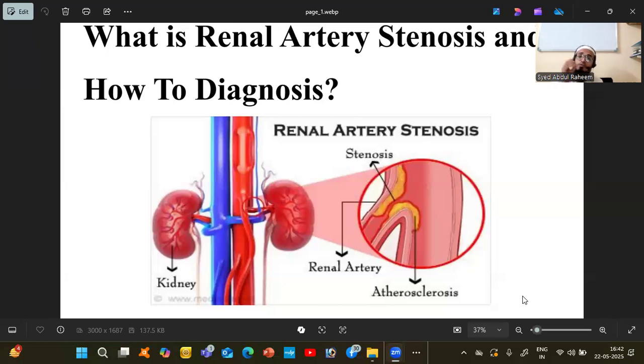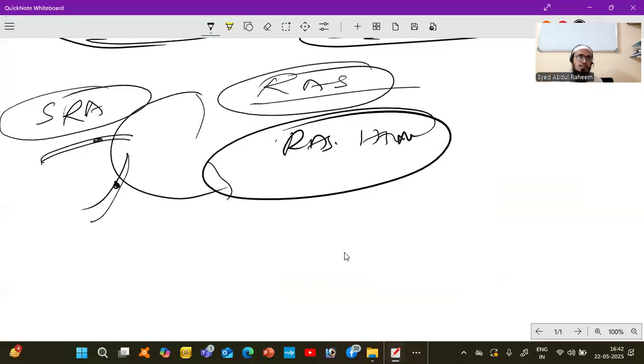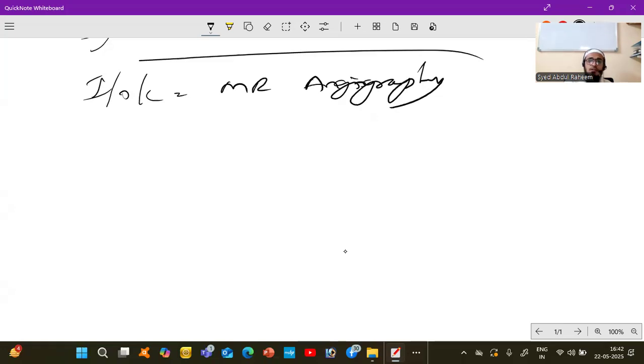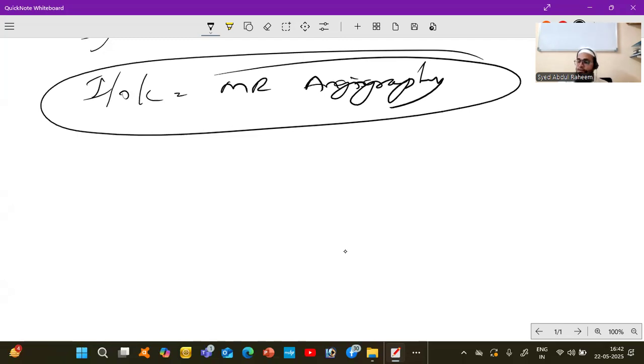Accumulation of cholesterol happens, which is called atherosclerosis. The first investigation of choice for renal arterial stenosis is MR angiography. Angiography is to be done, the doctor will advise it.